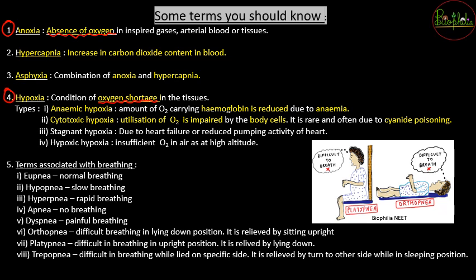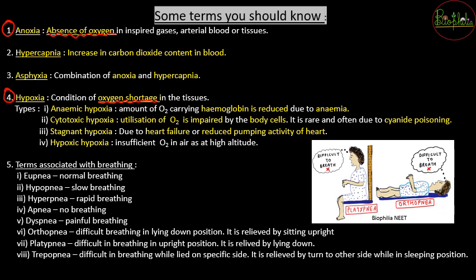Okay, so whenever the cells cannot use oxygen, then it will be termed as cytotoxic hypoxia. तीसरा type आता है, that is stagnant hypoxia. Stagnant hypoxia में क्या होता है, if the heart is unable to pump oxygenated blood because of heart failure or reduced pumping activity, तो क्या होगा, टिश्यूज के पास oxygenated blood is unable to reach and that would lead to stagnant hypoxia.